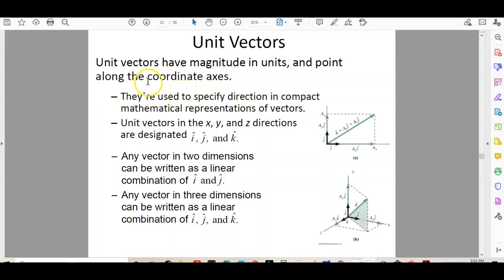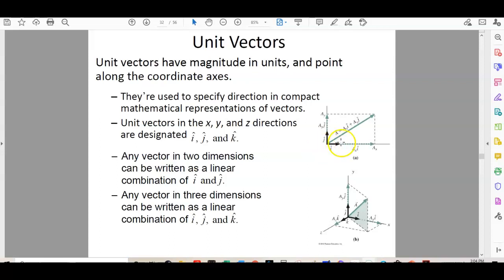So you're using these i hat, j hat, and k hat to specify x direction, y direction, and z direction, okay? i hat is associated with x, j hat is associated with the direction y, and k hat is associated with the direction z, okay? So in 3 dimensions, it would look something like this.